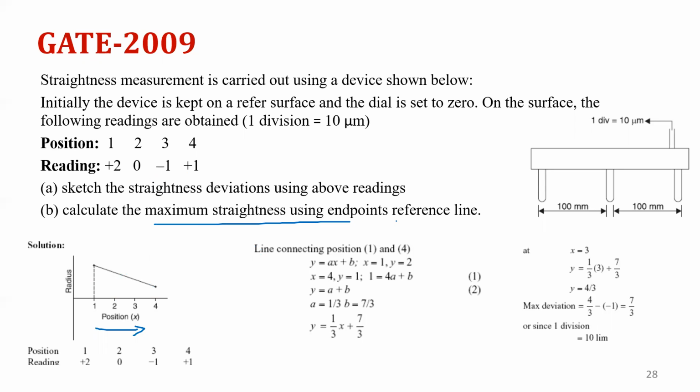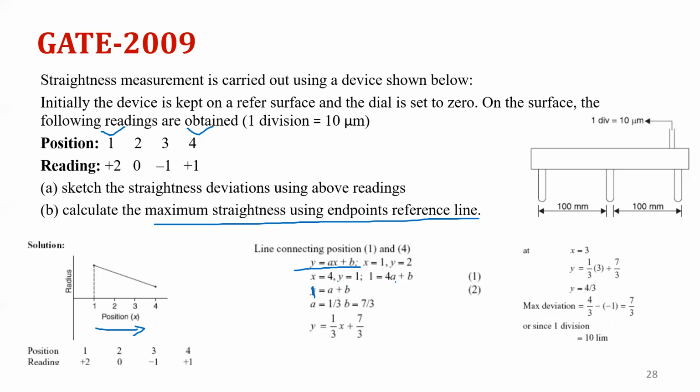Now we calculate the maximum straightness using the endpoint reference line. The line connects points 1 and 4, the endpoints. Using the linear regression equation y is equal to ax plus b, substitute x is equal to 1, y is equal to 2, and x is equal to 4, y is equal to 1.